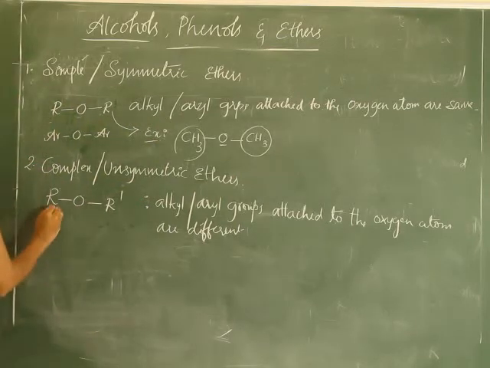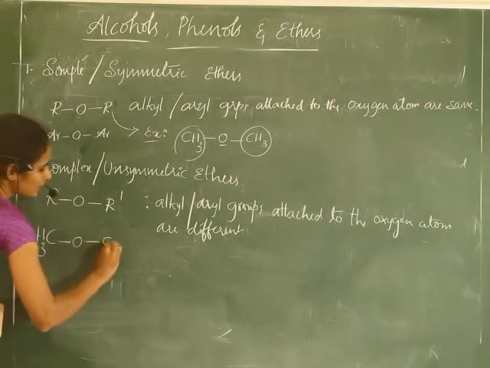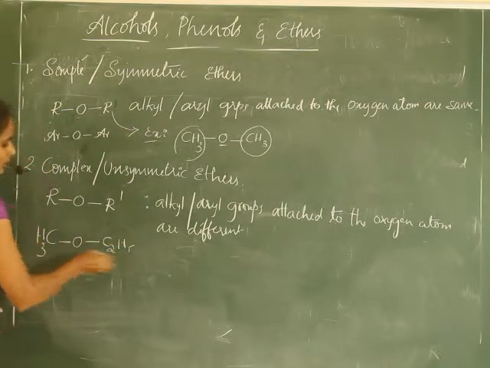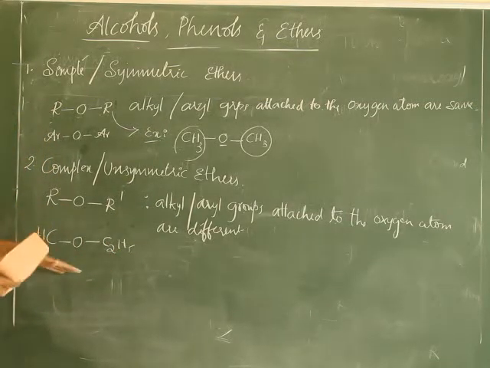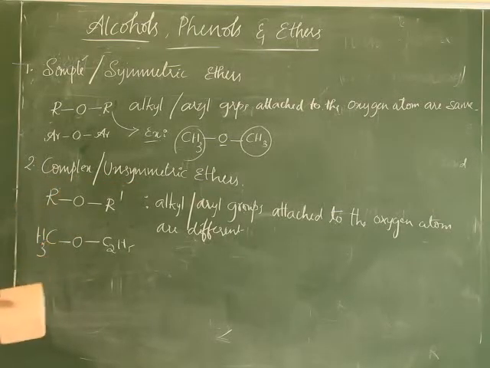For example, if I take a methyl group, O, and here it is an ethyl group, then these kinds of compounds are called complex or unsymmetric ethers.